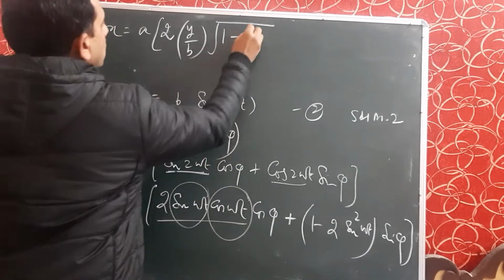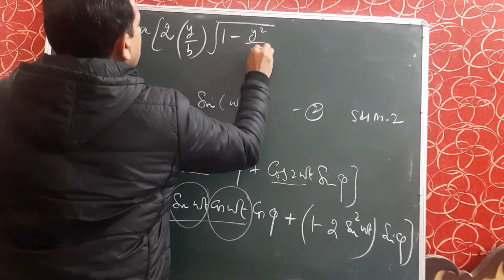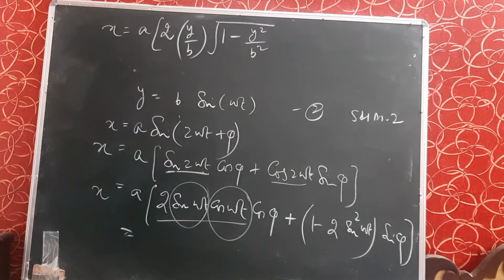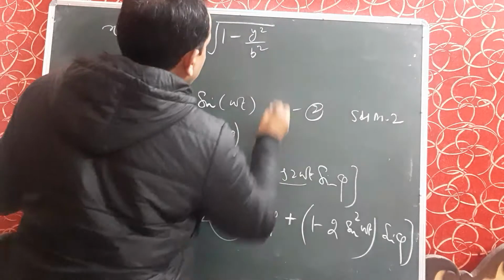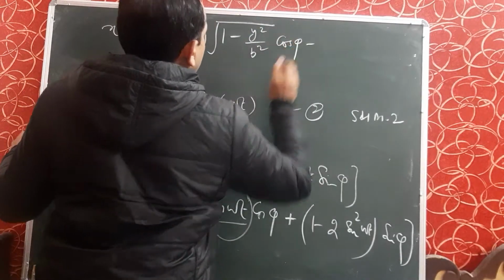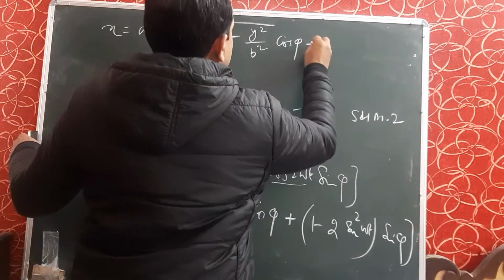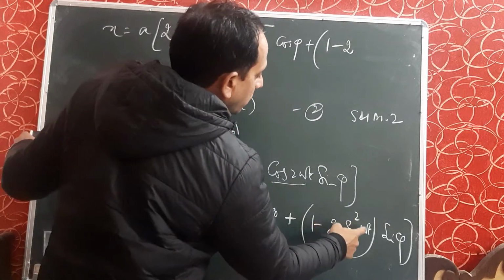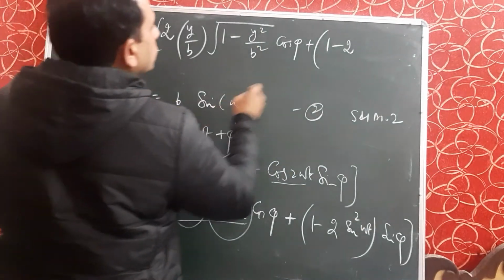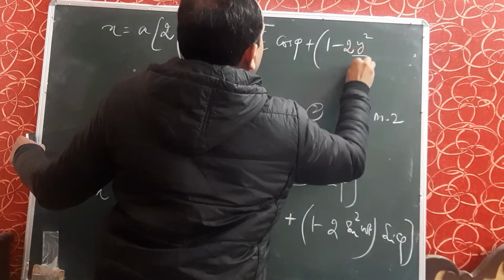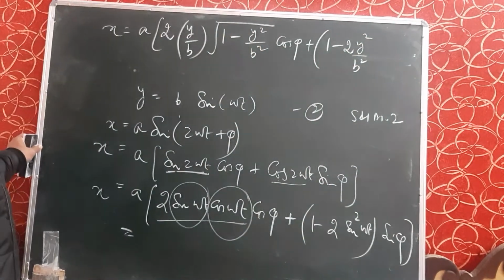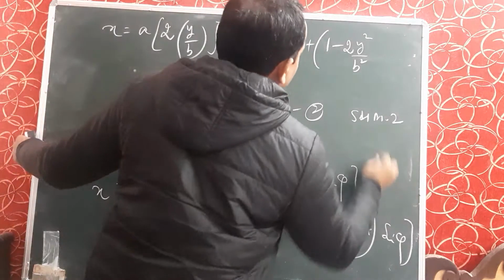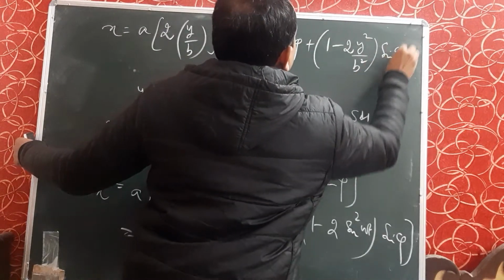So sine square means y square upon b square, into cos phi, plus the bracket 1 minus 2 sine square omega t, which means 1 minus 2 y square upon b square, into sine phi.